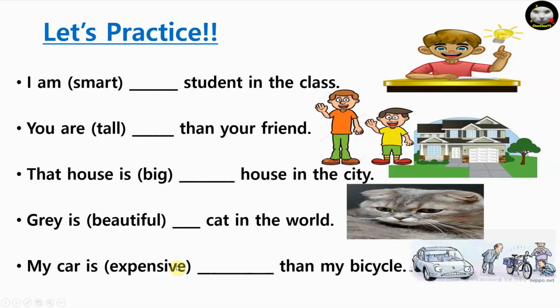Expensive. 3 syllables. This follows rule number 2. So that means we're going to add the word more to make it comparative and not change the spelling of the adjective. So, my car is more expensive than my bicycle. One more time. My car is more expensive than my bicycle.